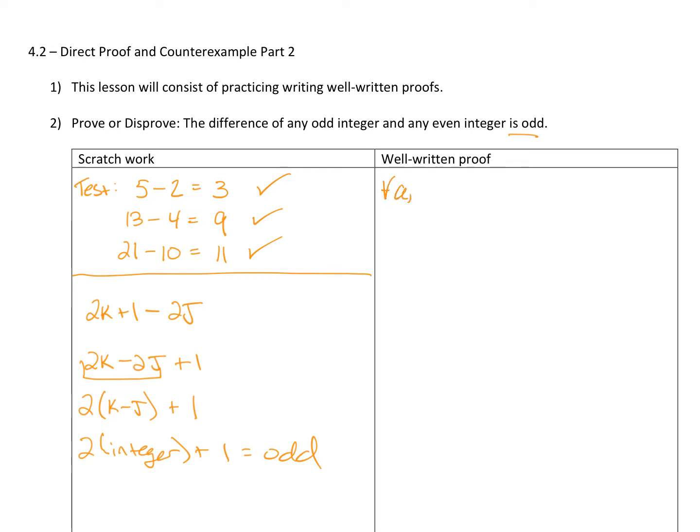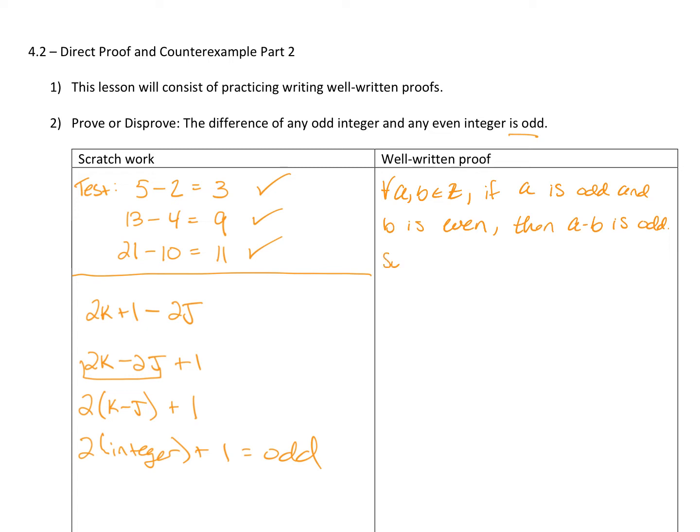For any a and b in the integers, if a is odd and b is even, then the difference, a minus b, is odd. Okay, so that's just restating the problem.